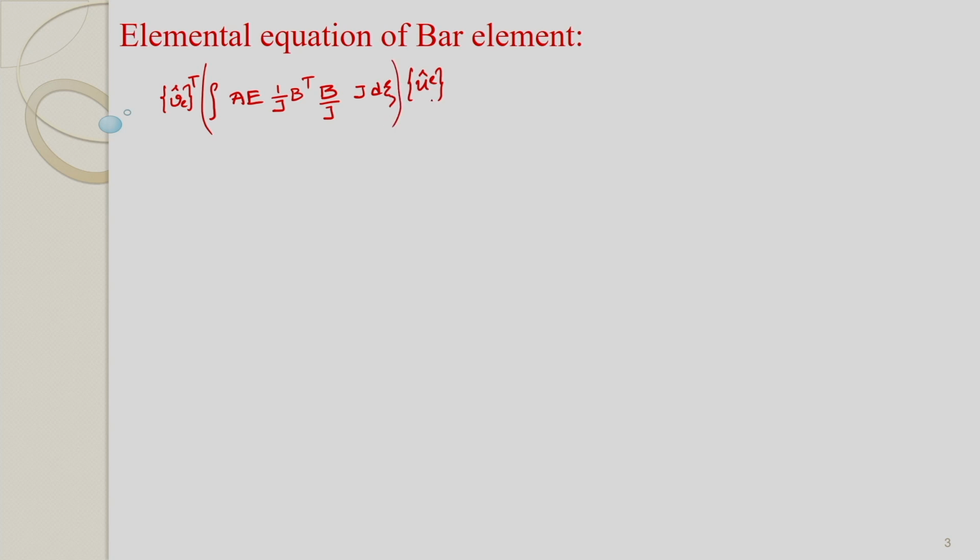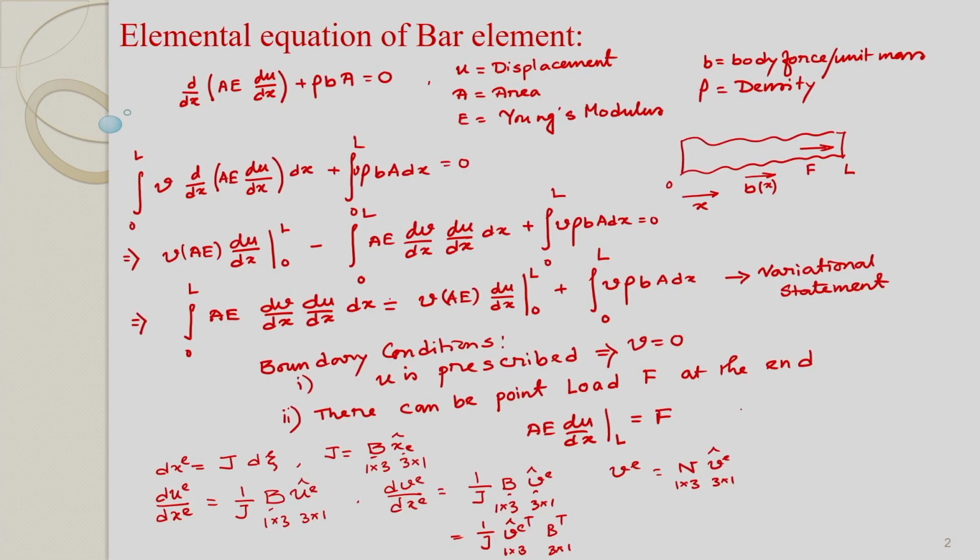This also we take outside the integration because these are nodal values, these are not function of xi. So, finally, because we are writing in xi coordinate for one element, the integration limit is minus 1 to 1. So, this is our LHS.